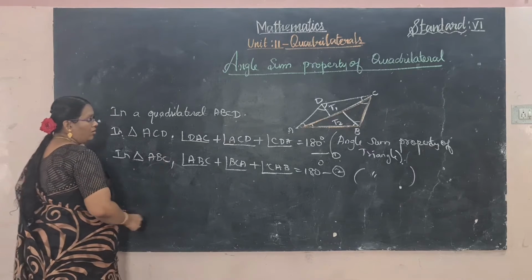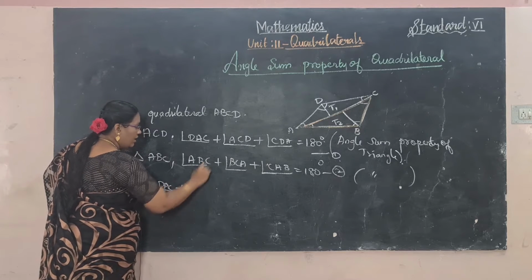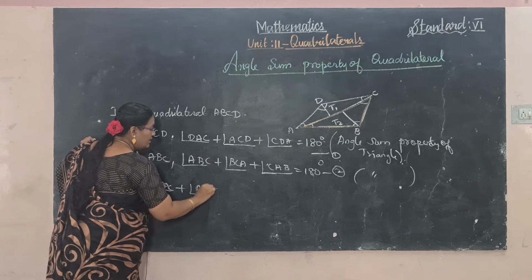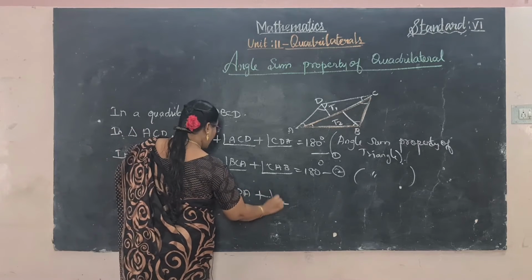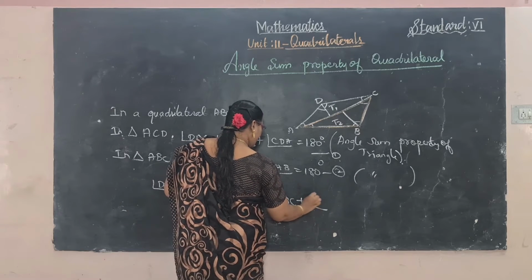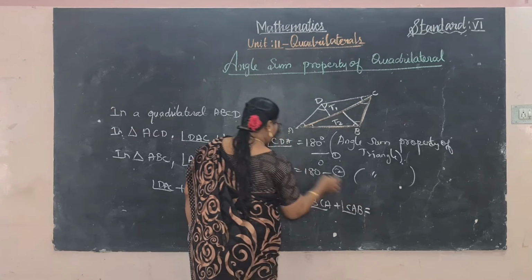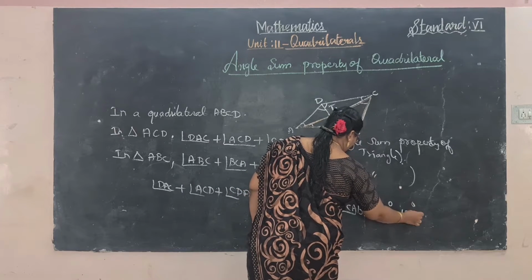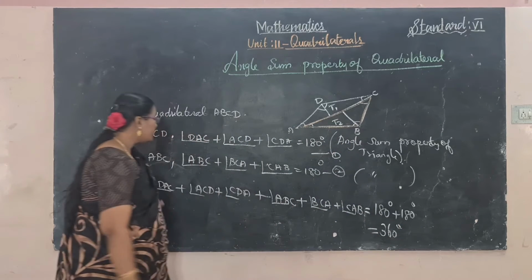Angle DAC plus angle ACD plus angle CDA plus angle ABC plus angle BCA plus angle CAB equals 180 plus 180 degrees, so 360 degrees.